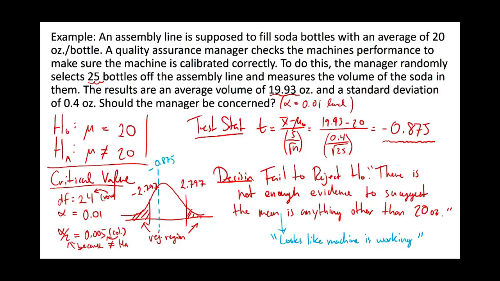Can I ask a kind of off topic question about the degrees of freedom? Yeah. So why is that one less, and what is the degrees of freedom? Well, it's because you're estimating two things, right? In this test statistic, you're estimating a mean and a standard deviation.